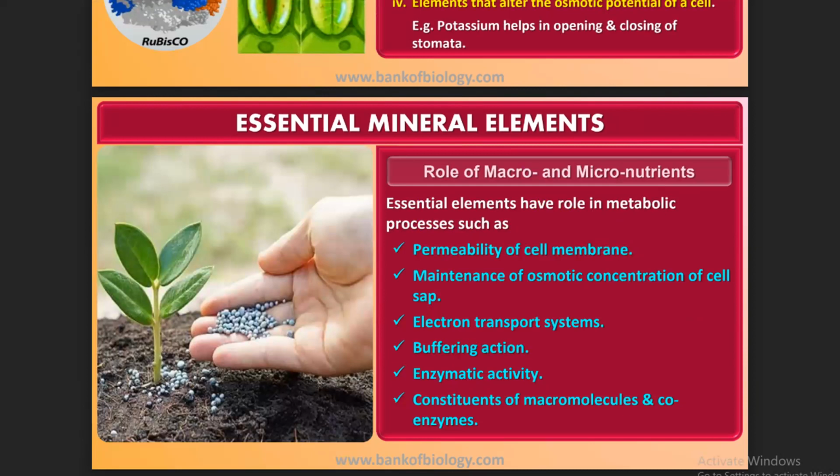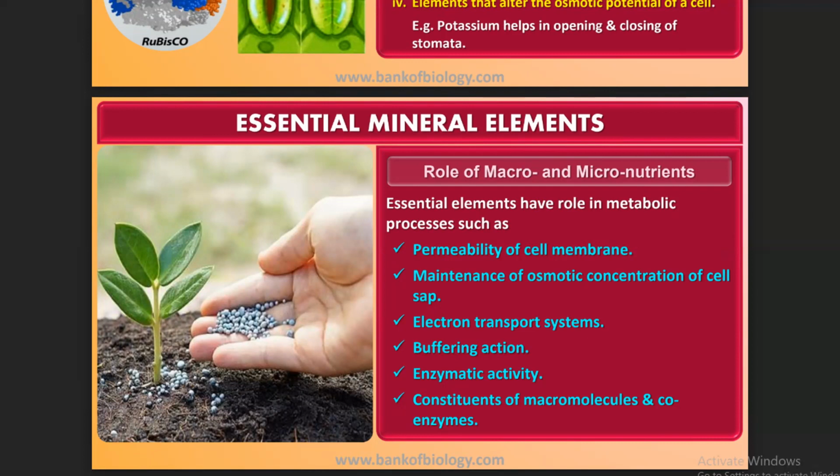Now, essential mineral elements, role of macro and micronutrients. Essential elements have a role in metabolic processes. Okay. Overall, it is given. You have to study each element's at least two functions. Overall, permeability of cell membrane. What is permeability of cell membrane? What is permeability?